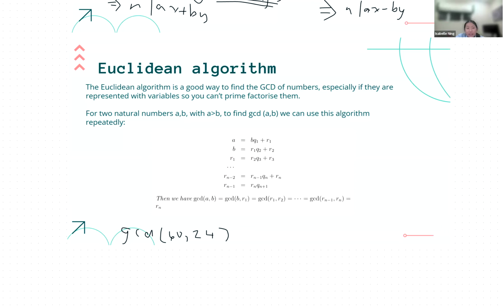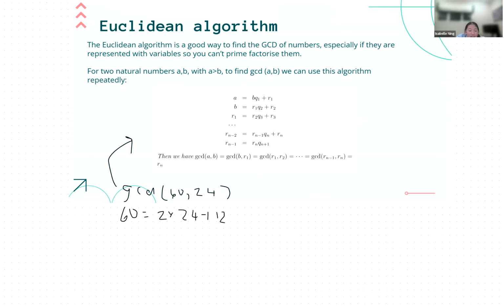Basically how this algorithm works is that you first write, for example, 60 equals 2 times 24 plus 12, right? And then it's telling you that the GCD also equals the greatest common divisor of 24 and 12.